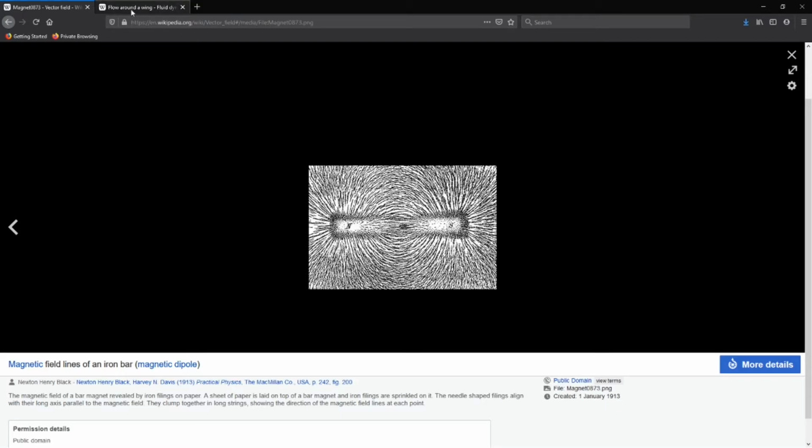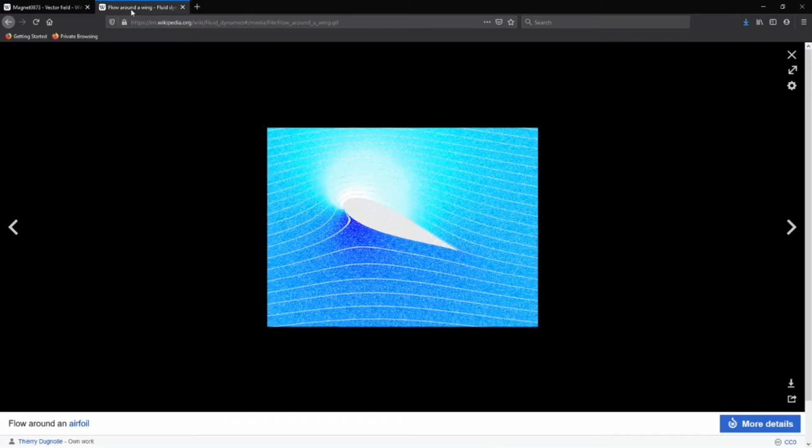Likewise, for fluid flow, say fluid flow around an airfoil, if you have some sort of airfoil right here, and then you have a fluid flowing in a certain direction, in this case from left to right, at every given point, the fluid has a different velocity.